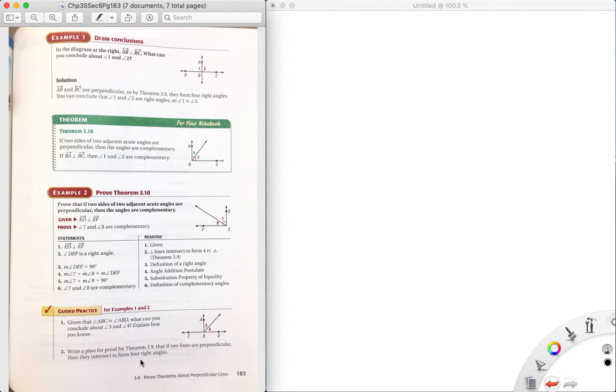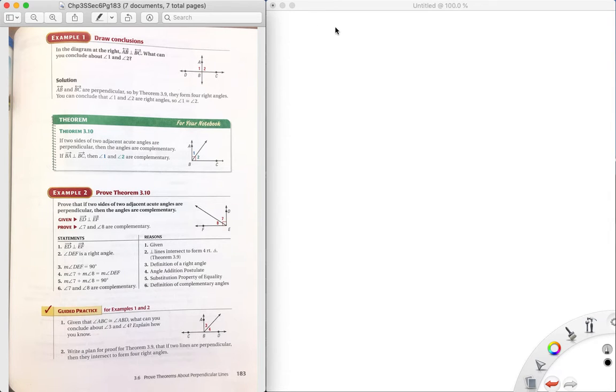It says to write a plan for proof of 3.9, that if two lines are perpendicular, they intersect to form 4 right angles. So when you think about a plan, the plan is that you know that they're perpendicular, right?